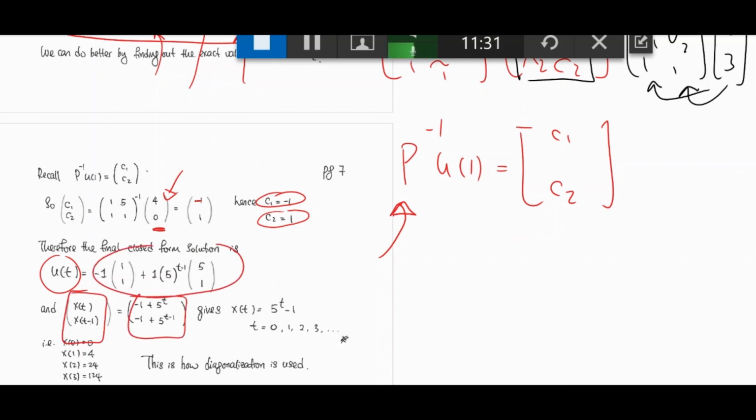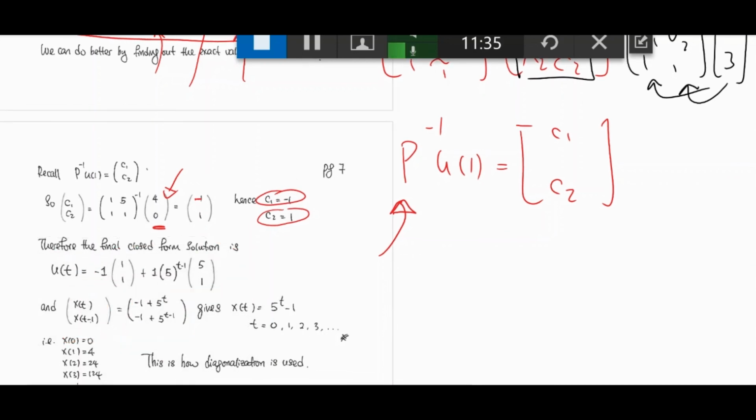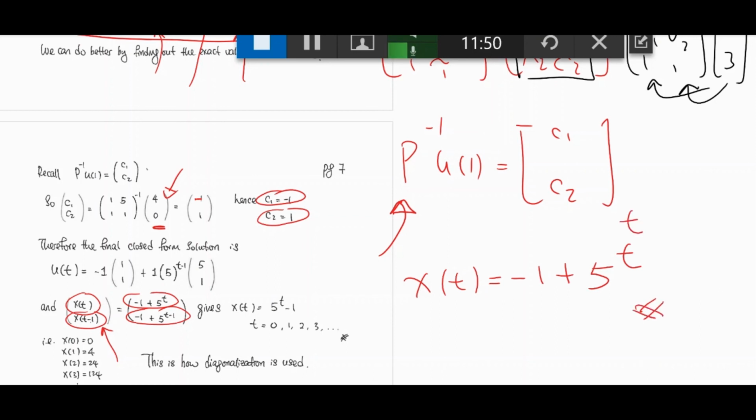And now we have two equations, okay, because these two column vectors are equal to each other if and only if the corresponding components here are the same. So now the second one is redundant. If you have the first one, you obviously also have the second one.